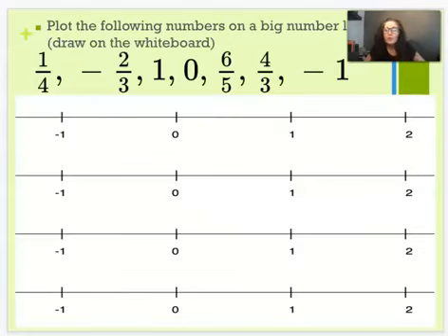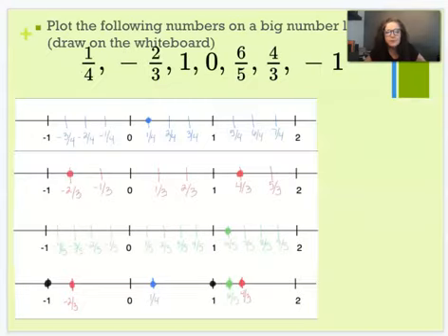If you're stuck, one strategy you might have used, because these all have different denominators, is to use a separate number line for each one and then put them on the final number line altogether. That's how I did this problem. So if you look at my first number line, I split it into fourths and I plotted 1/4, and that's in blue.